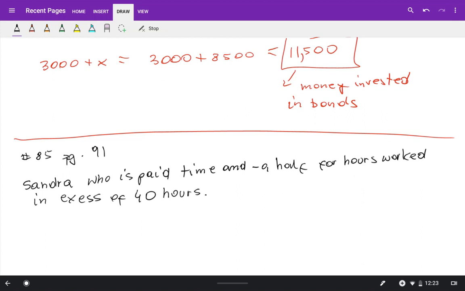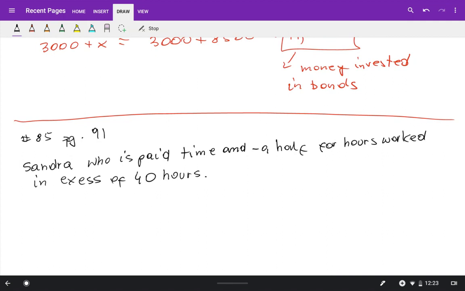So she's getting overtime, 1.5 times her regular pay, for every hour after 40.